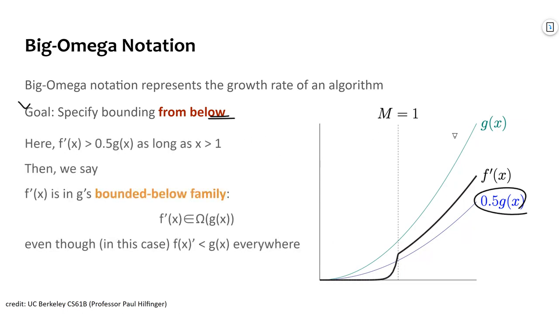Here, f prime x is larger than 0.5 times g(x), as long as x is larger than 1. Then we say f prime x is in g's bounded below family, even though f prime x is smaller than g(x) everywhere. All right?